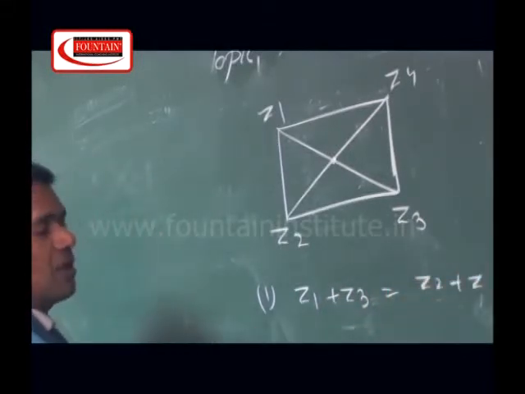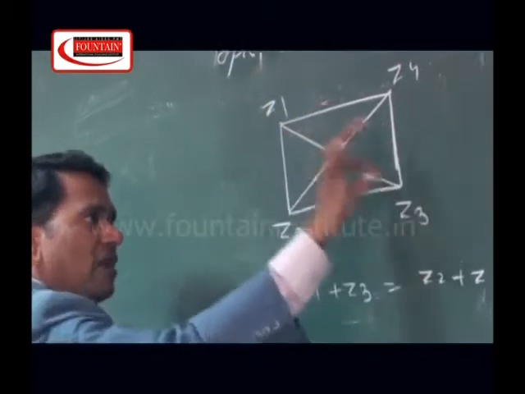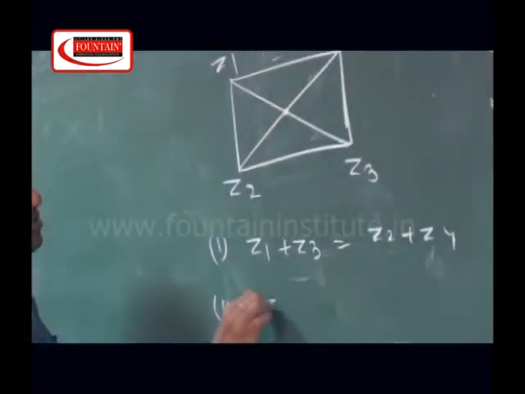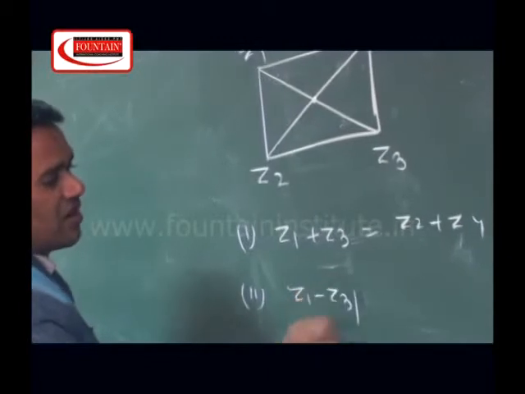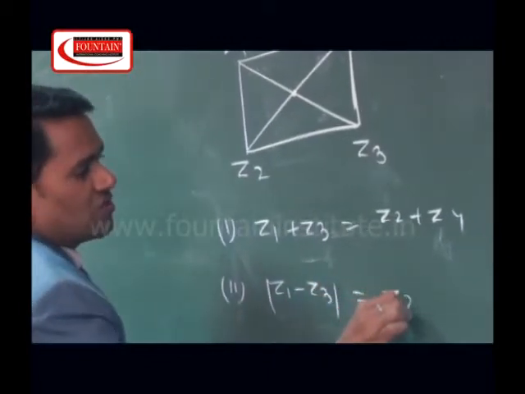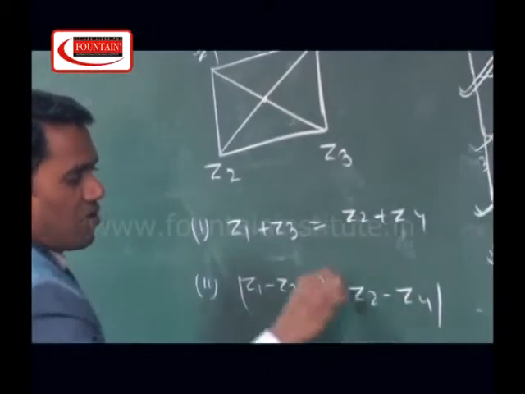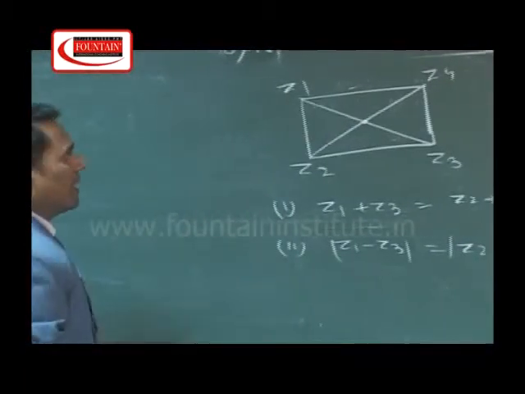Second one is the length of the diagonals are equal, meaning |z1 minus z3| is equal to |z2 minus z4|. This is the condition for a rectangle.